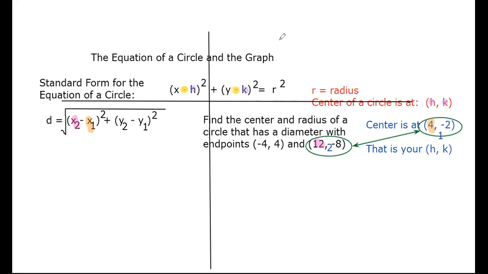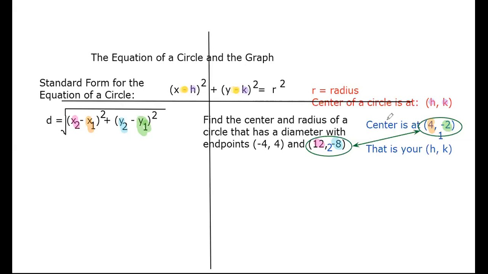Y2 is the Y value of point number 2. Y1 is the Y value of point number 1. If you mark them 1 and 2 the opposite order, your points will just be different. You're still going to get it right. It's okay. You can make either one you want be number 1 and number 2, as long as you don't mix them, as long as you keep it right.